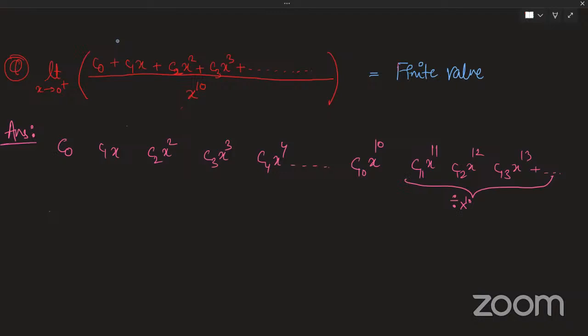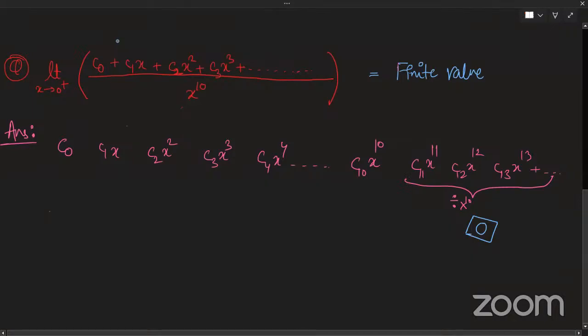Sir, they will become zero. Correct. Why will they become 0? Reason? Sir, x is tending to 0. That's correct. X is tending to 0, absolutely correct.